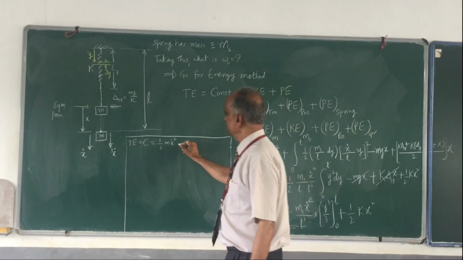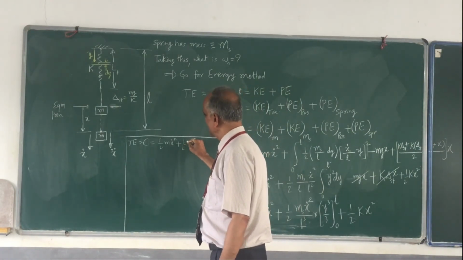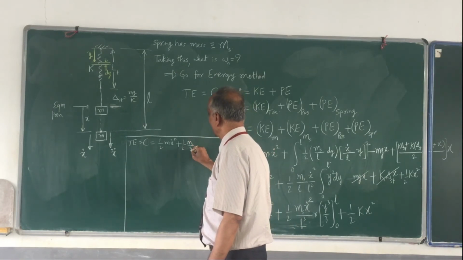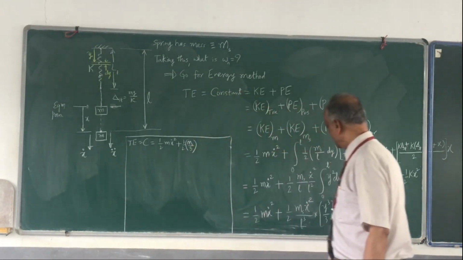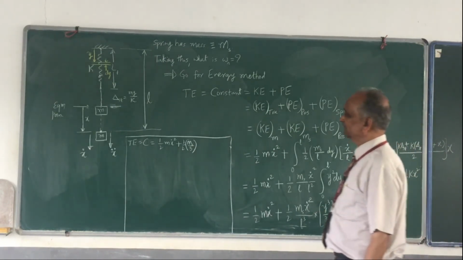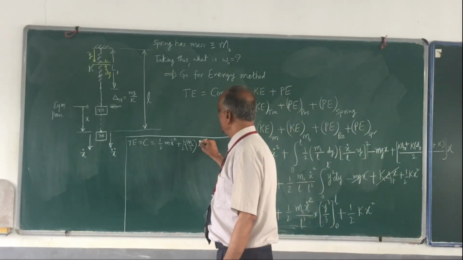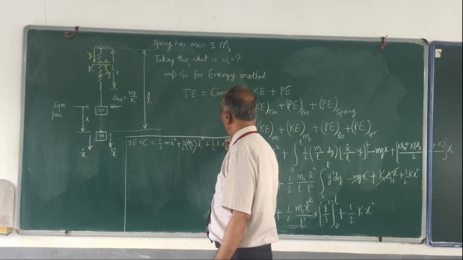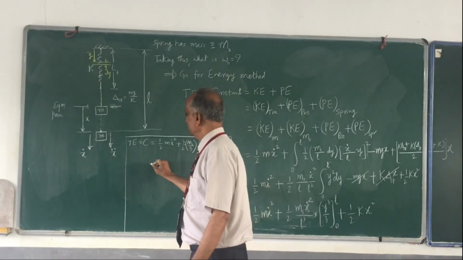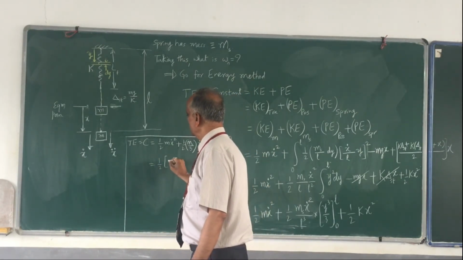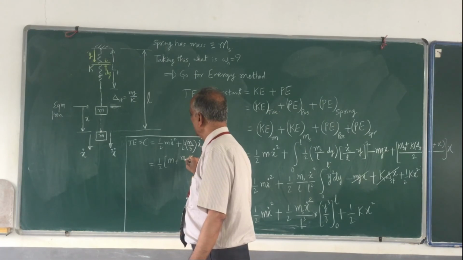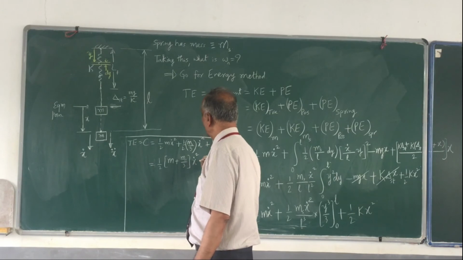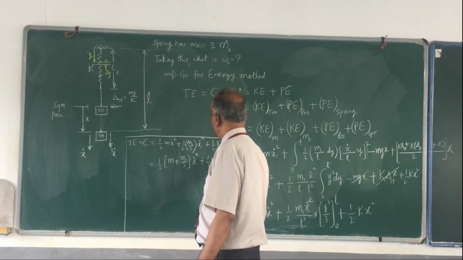So this will be half into ms by 3 into x dot square plus half kx square. I can rewrite it as half into (m plus ms by 3) into x dot square plus half kx square.